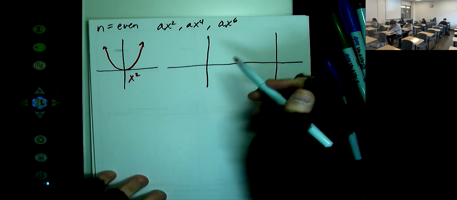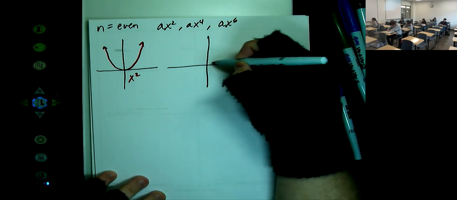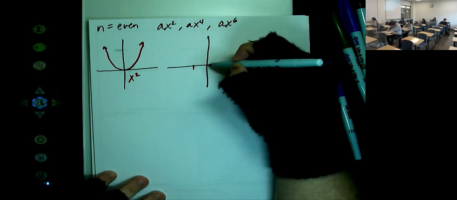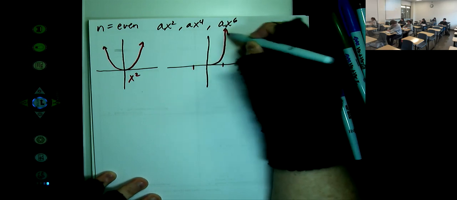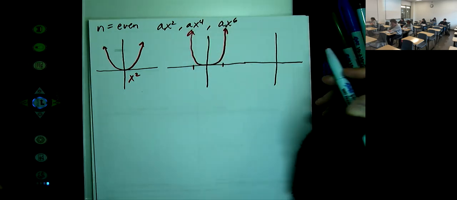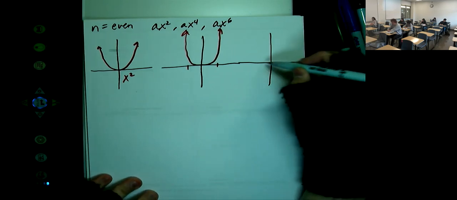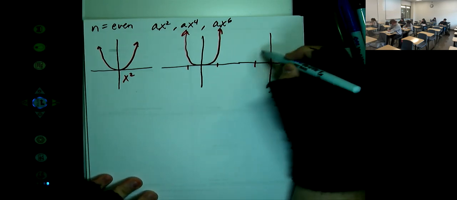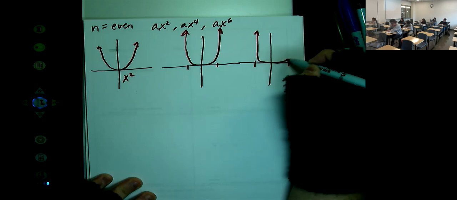X to the fourth looks similar. It's a little flatter as it goes over to the 1, and it gets a little steeper after that. It's still got a U shape. And x to the 6 is even more, very, very flat until we get to the 1s and takes straight off.